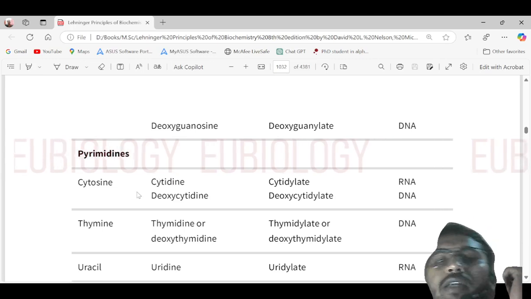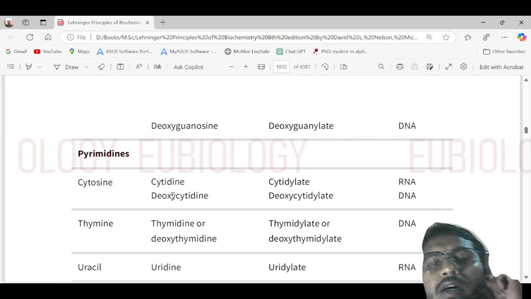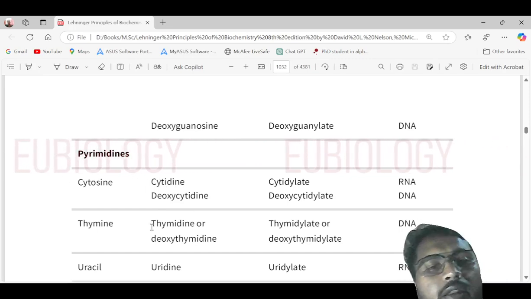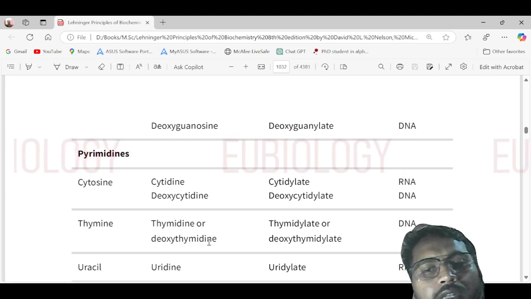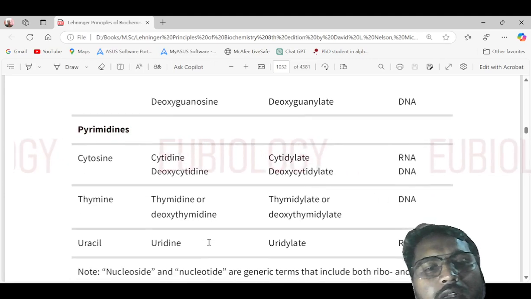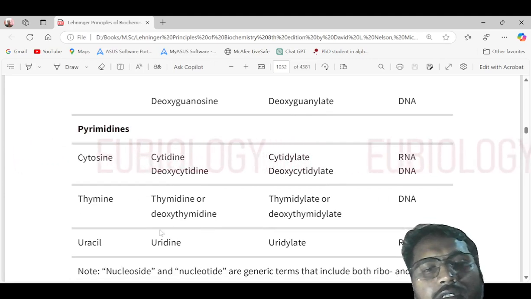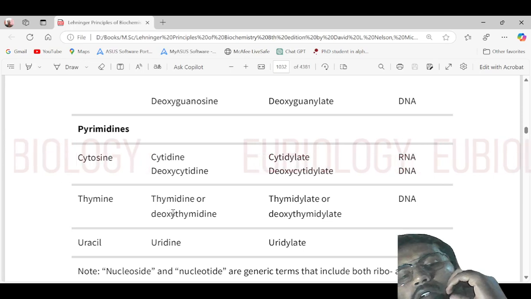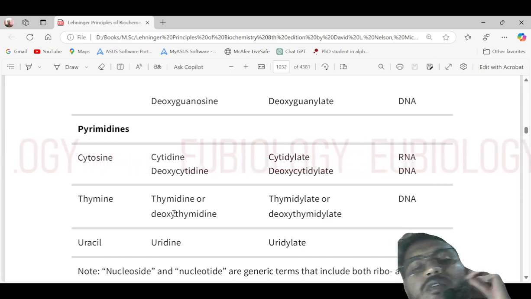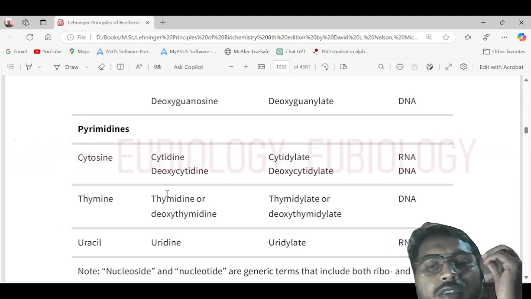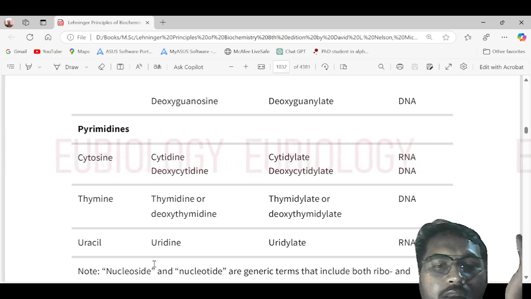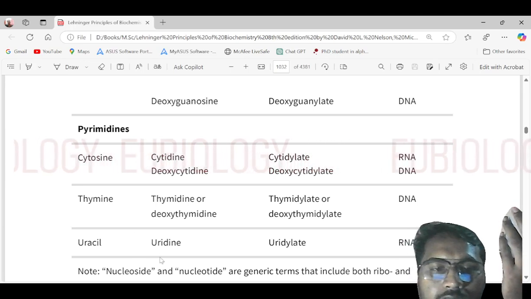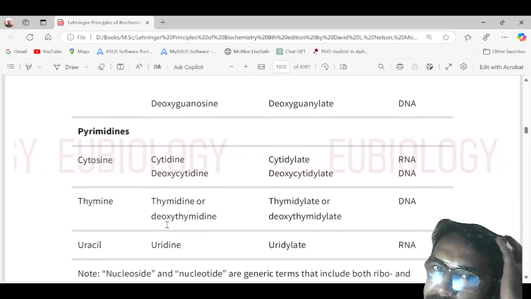In case of cytosine, cytidine for RNA, deoxycytidine for DNA, and thymidine and deoxythymidine. The important thing is that thymidine or deoxythymidine is present only in DNA, so the term is not used in case of RNA.